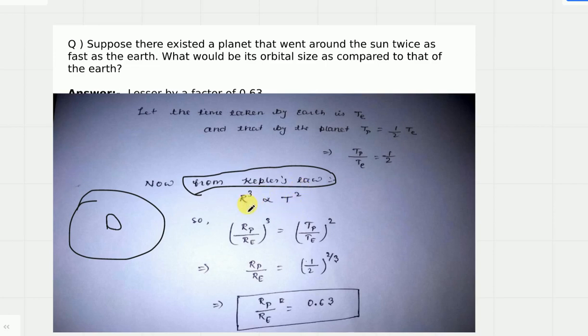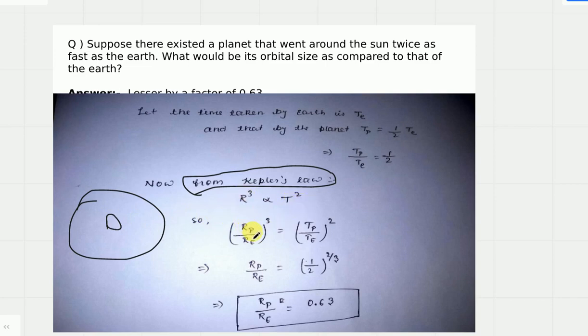That means the cube of the orbital radius is directly proportional to the square of the time it takes to complete one revolution around the Sun.